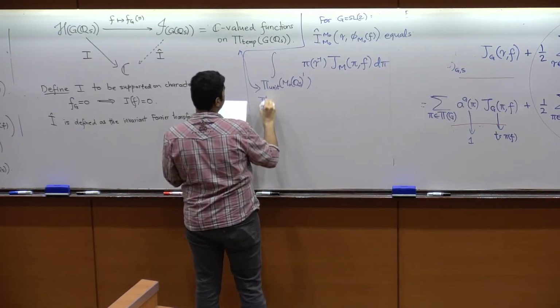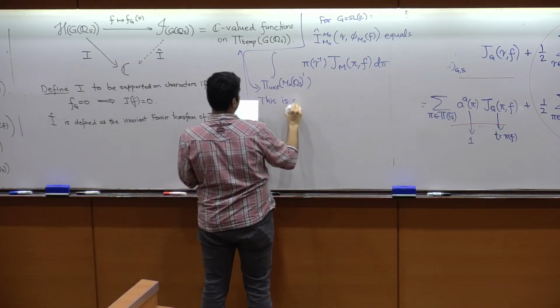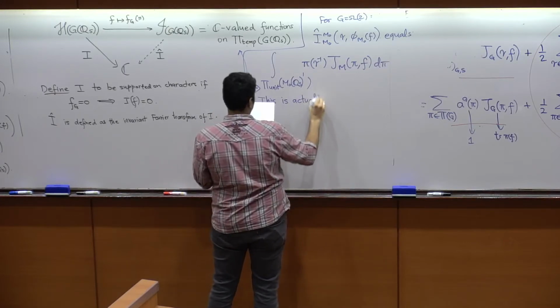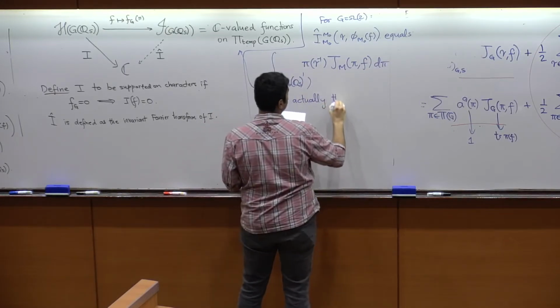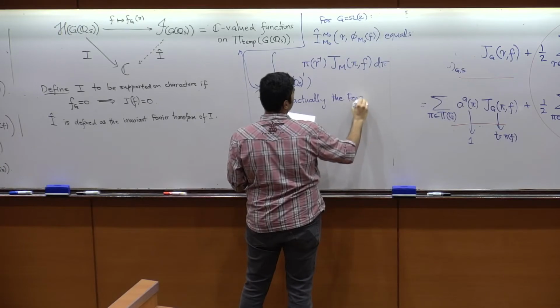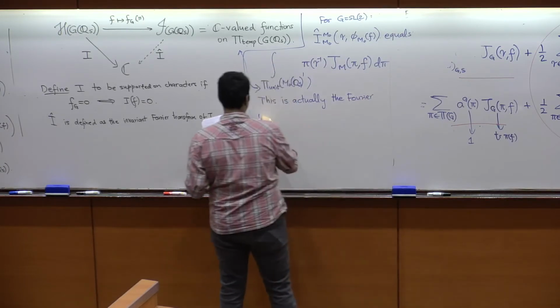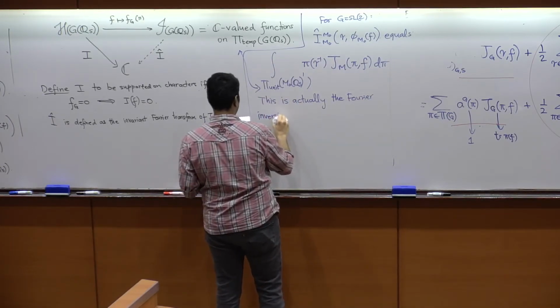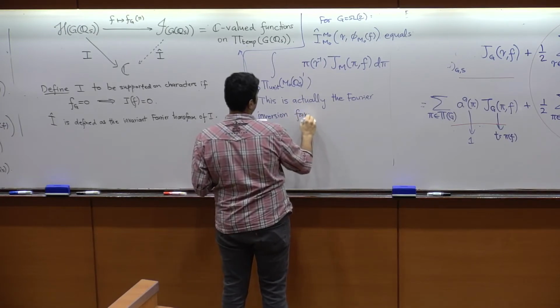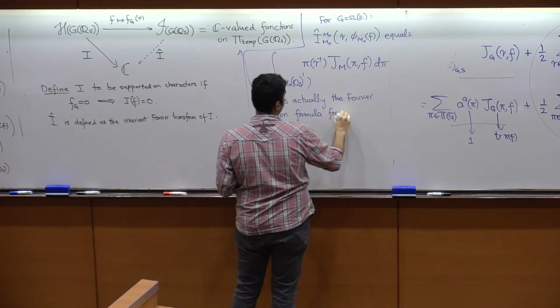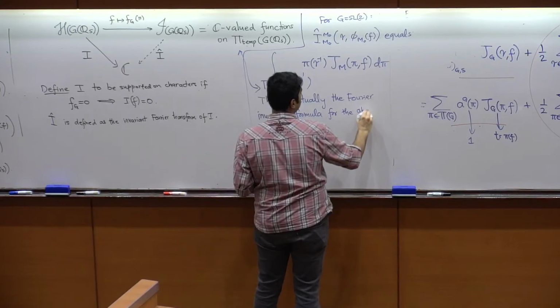So this is actually the Fourier inversion formula for the abelian group M naught.